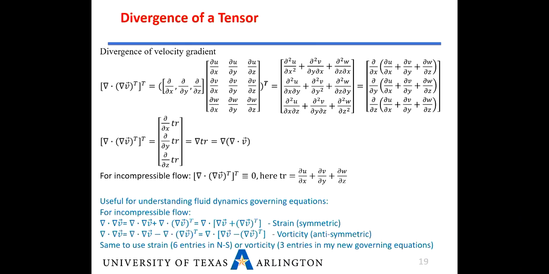Because this term is zero, for incompressible flow. For compressible flow, there is another term, the trace. If you don't believe it, you can repeat that work. This is mathematics.